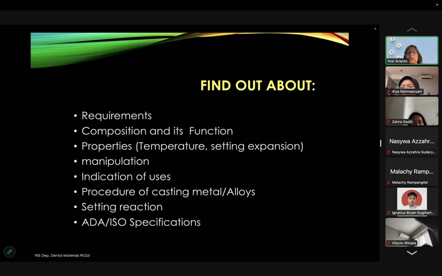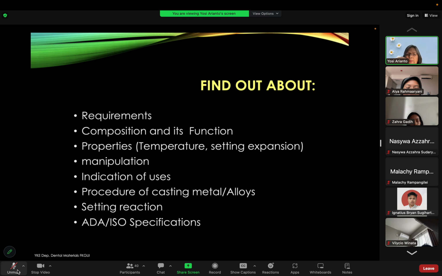But if not, it will be in the next week. Yeah. But I will cover scenario 3 and 4. Okay, please ask me if you need something because it will relate to the skills lab that you are going to do.